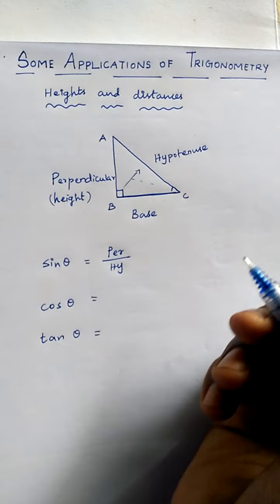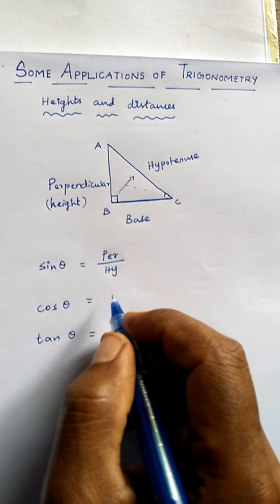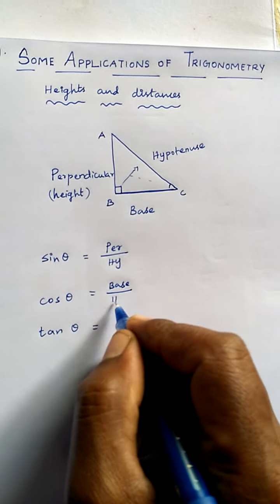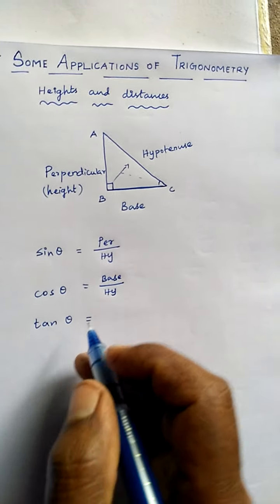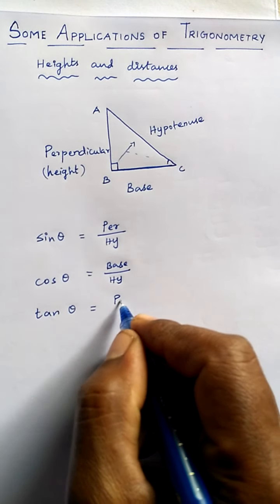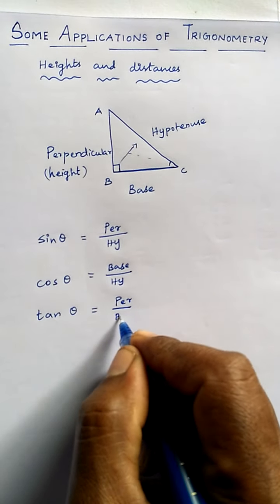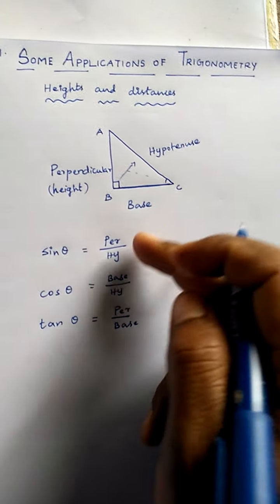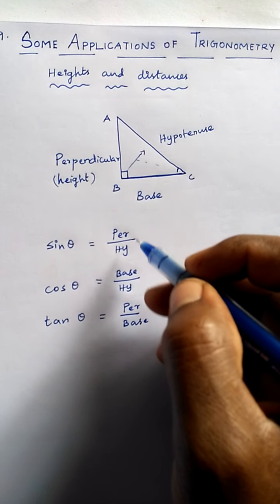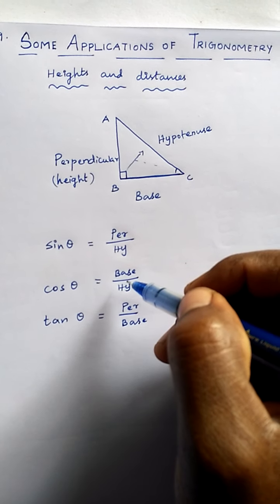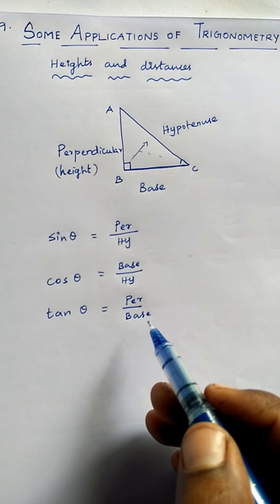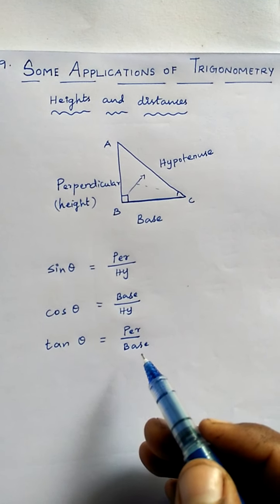I am taking the short form here. Cos theta formula is base by hypotenuse, and tan theta formula is perpendicular by base. So these three formulas are important: sin theta is perpendicular by hypotenuse, cos theta is base by hypotenuse, tan theta is perpendicular by base.